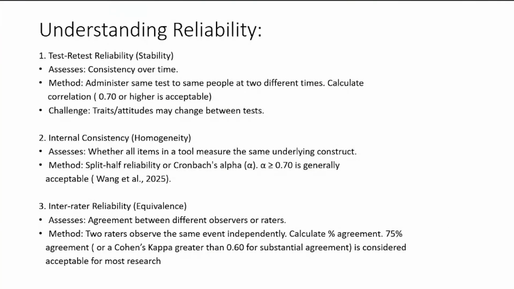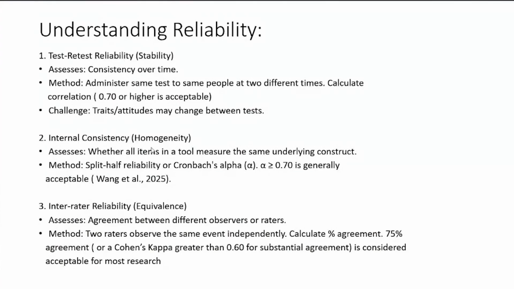So if you calculate by percentage, you should have at least 75%, which, when converted to decimal, is around 0.75, just like the Cronbach alpha. So they are still close to the Cronbach alpha value. So you should have at least 75% agreement between the two.